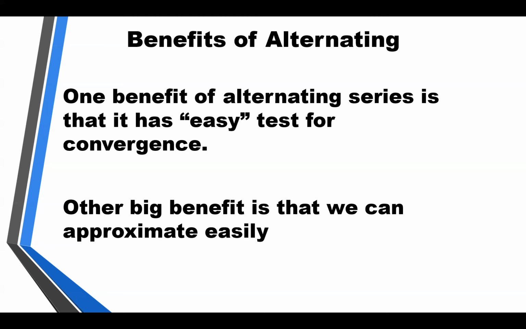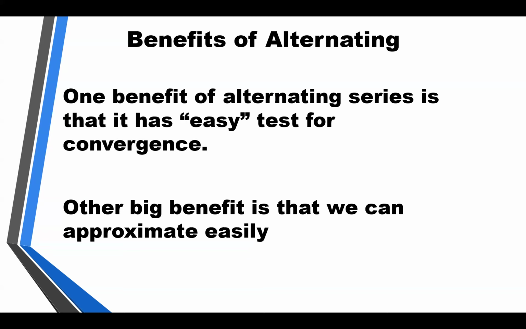So that's a really nice test for alternating. The other big benefit is, as we can see, we get really good ways to approximate with alternating series, and we have some bounds on how big our error is going to be. We don't get those bounds if the series is not alternating. If the series is not alternating, then it's tougher to get bounds on my remainder.